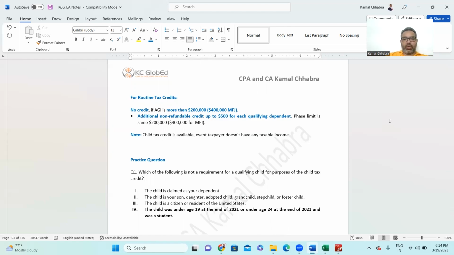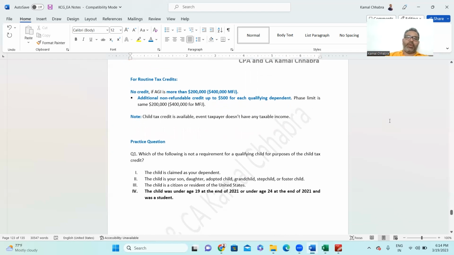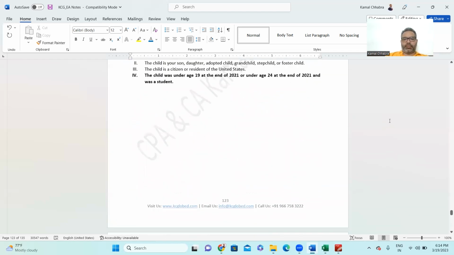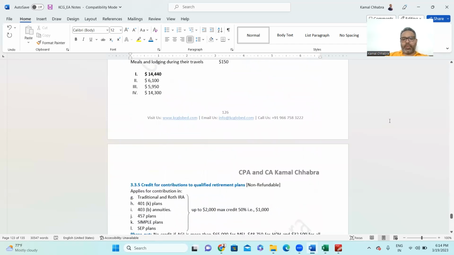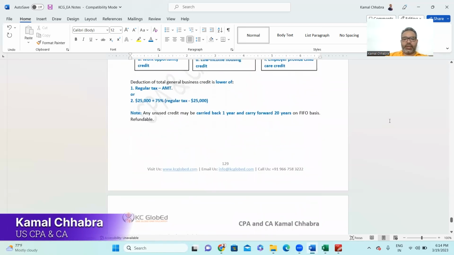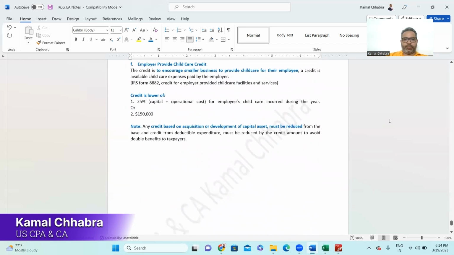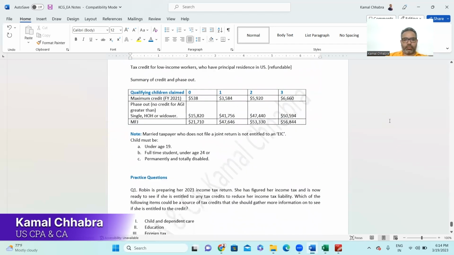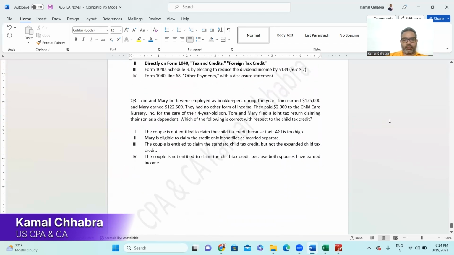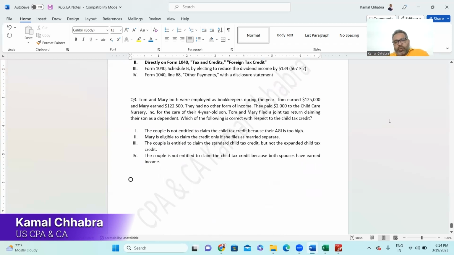The additional non-refundable credit up to 500 for each qualifying child is phased out in the same fashion. So limit is 200 and 400, right? In our case, for extended child tax credit, the couple is not eligible. So which one is the right option out of these four?